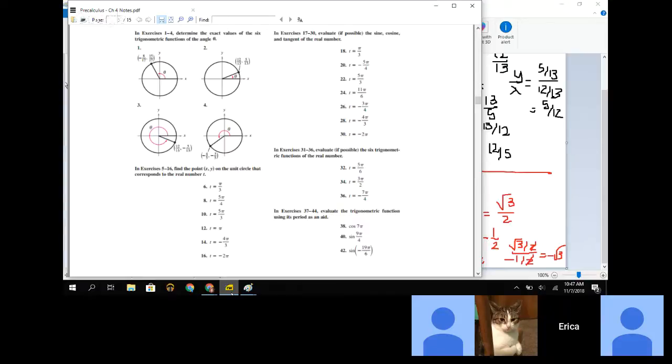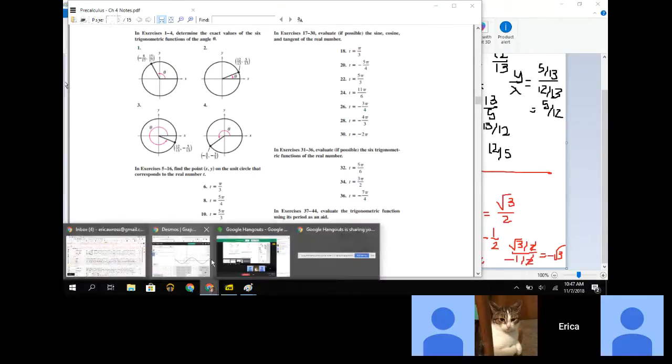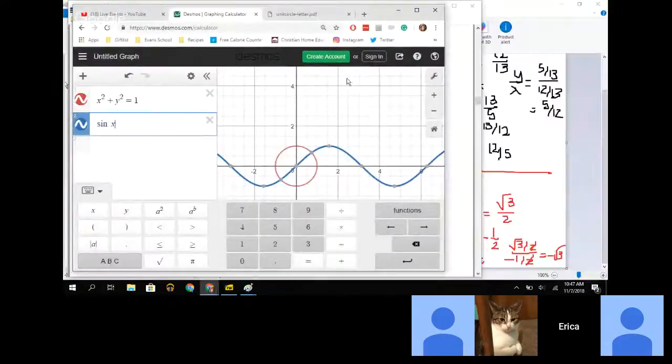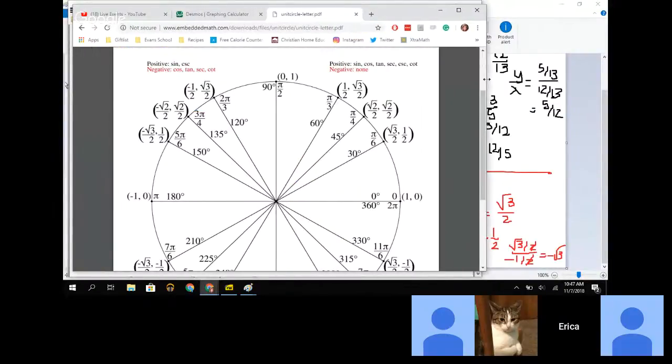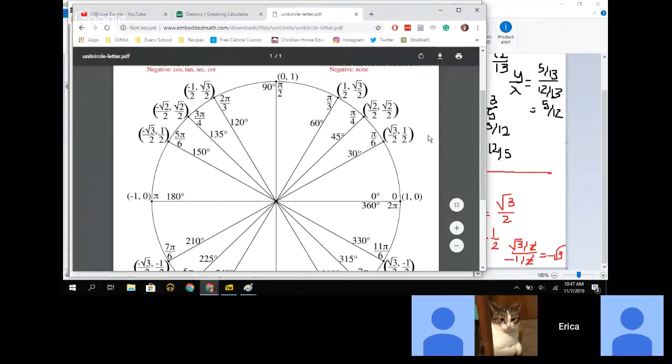The math works, right? So I want to note something on here. You'll see every spot it says evaluate, if possible, the sine, cosine, and tangent. Okay. Why would it not be possible to evaluate one of them? Let's go back to this unit circle. So the sine and the cosine, you are always able to evaluate.